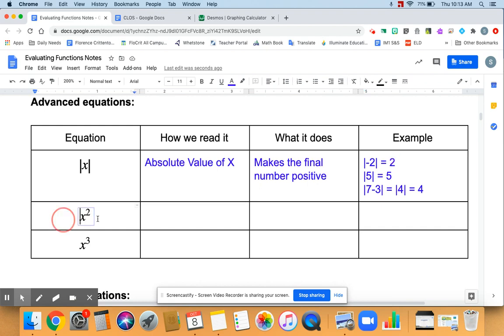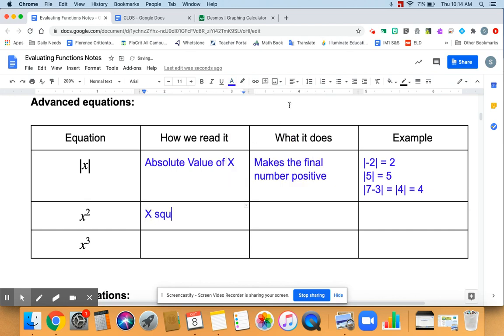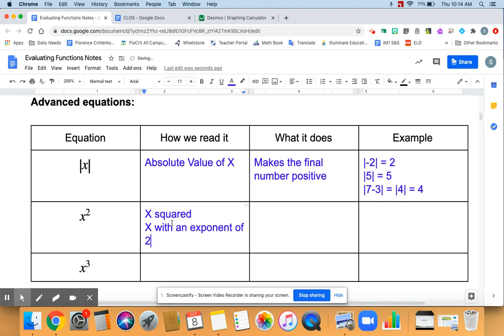This is another advanced equation. It's called x squared. There's also 1,000 other ways to say it because this is something called an exponent, when it's a tiny number in the little upper right-hand corner. So they might say x with an exponent of 2.